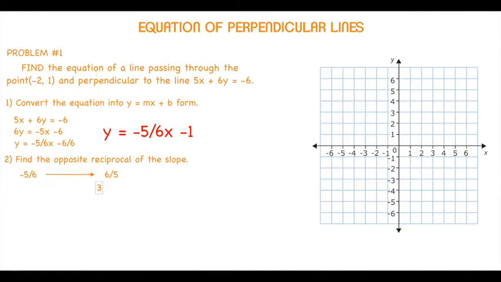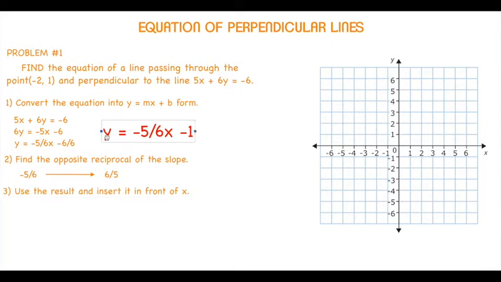Step 3. Use the result, or the slope, and insert it in front of x. So basically, you use the slope-intercept form of the equation that the problem has given to us and change its original slope to the perpendicular slope.